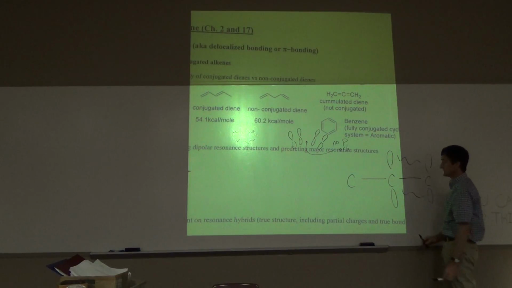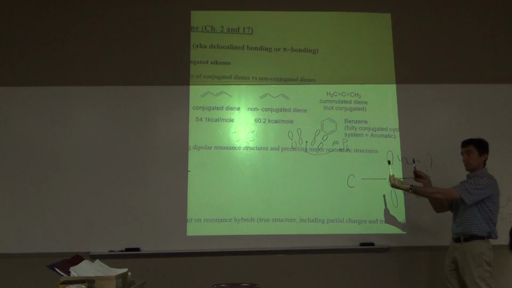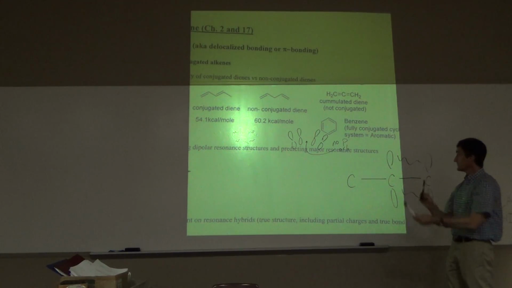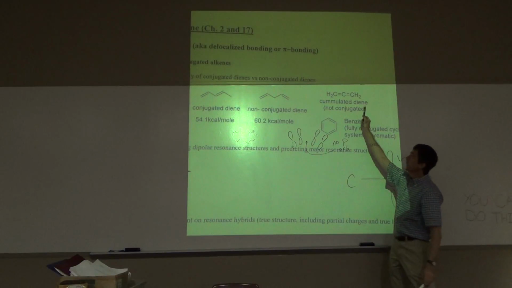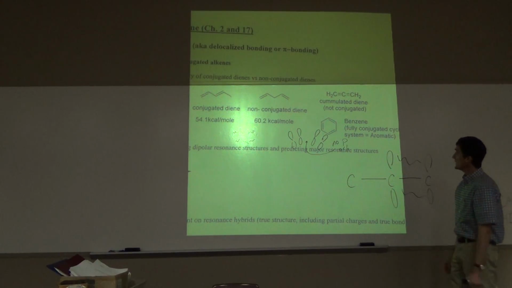They're not overlapping. Because remember, for p orbitals to overlap, they have to be parallel. They have to be straight up and down. That is not overlapping. P orbitals have to be side-to-side overlapping. So these two pi bonds are not conjugated. It's called accumulated.